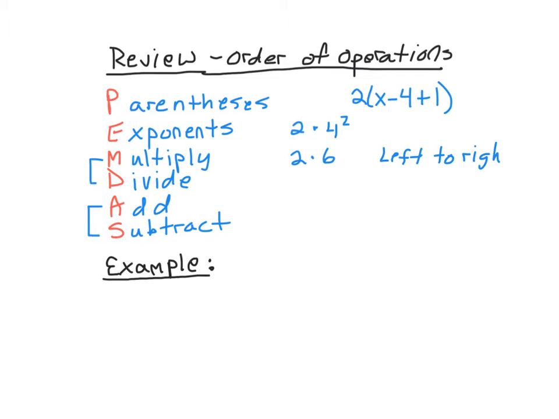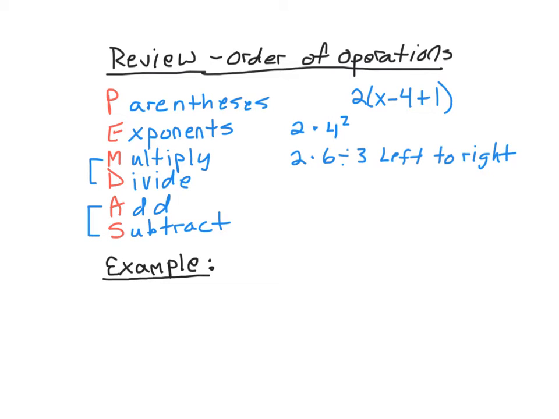So if I have something like 2 times 6 divided by 3, then the divide and the multiply are kind of at the same level, so by convention we're basically going to go from left to right, so it'd be 2 times 6 first, giving me the 12, then divide that by 3, giving me the 4. And that's basically the idea behind that.